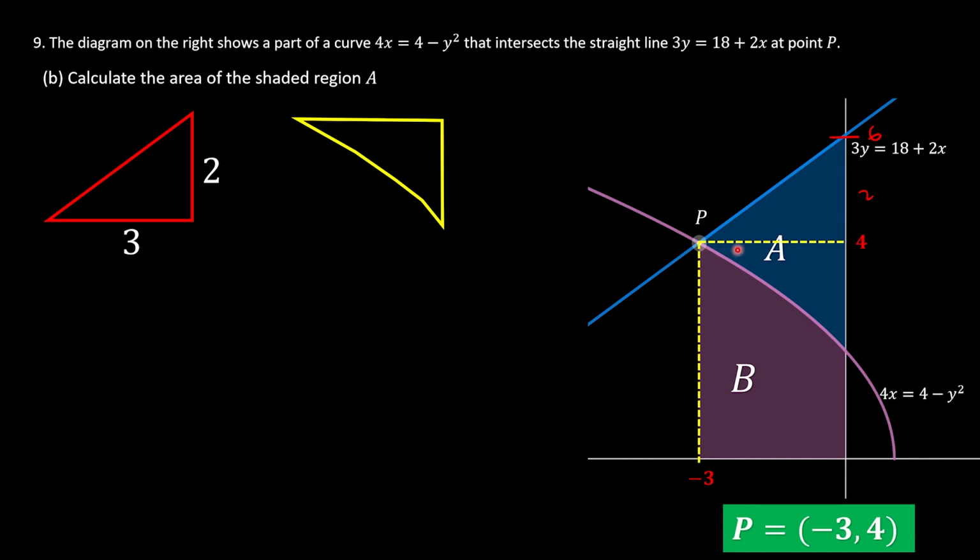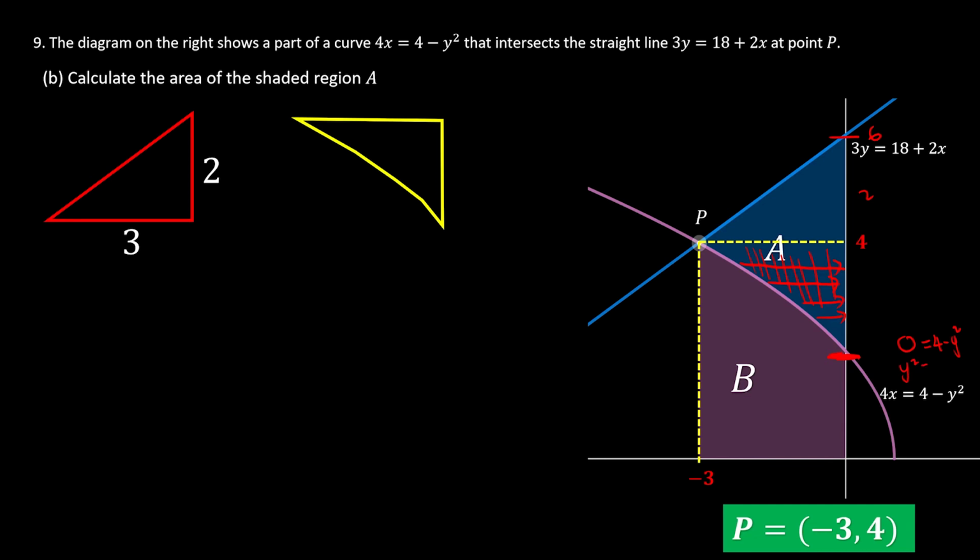How to find the region of the yellow curve here? Basically we just need to bound it to the y-axis, from the curve to the y-axis. Now we need to find the y-intercept of this curve first. For the y-intercept, x is equal to 0. So when x equals 0, we have 4 minus y squared.